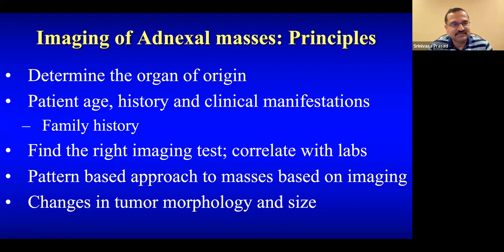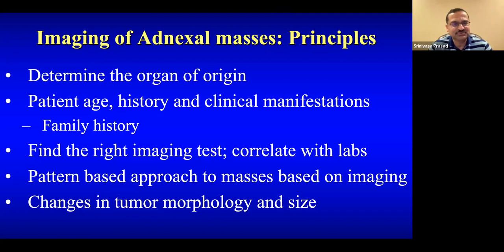And then we need to find the right imaging test, and we need to correlate with specific laboratory findings. In many of these patients, CA-125 is a great marker for malignancy. And there are specific other hormones and protein markers for specific subtypes of rare ovarian tumors.